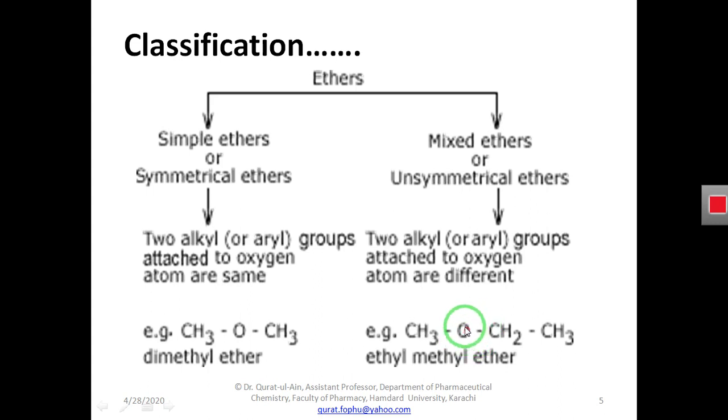As we are seeing here, this oxygen atom is connected with one methyl group and one ethyl group. Means these two groups attaching with this oxygen are different. So if the oxygen in the ether functional group is attached to two different alkyl or aryl groups, we will say they are unsymmetrical ethers or mixed ethers.